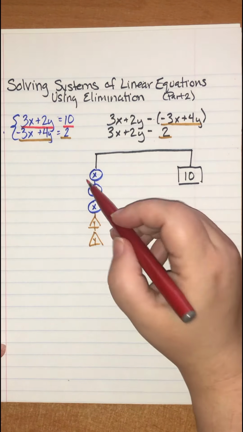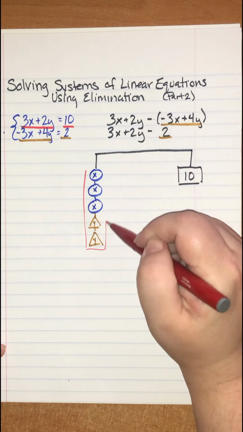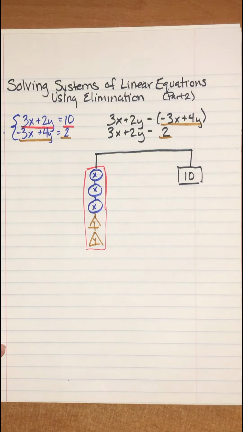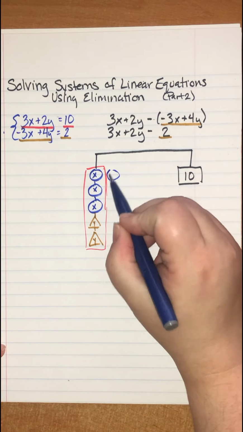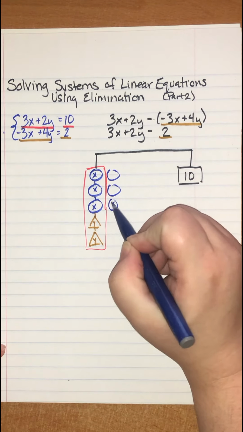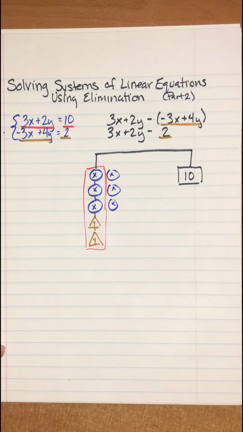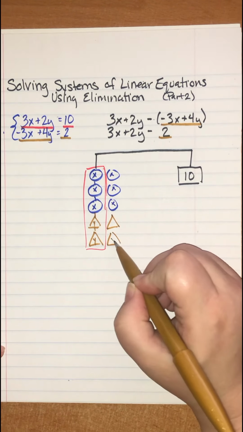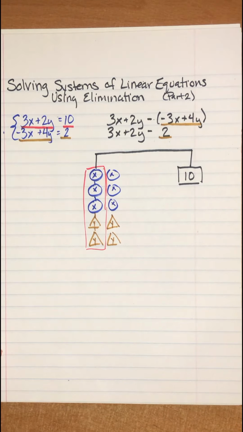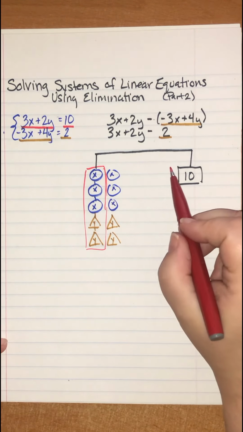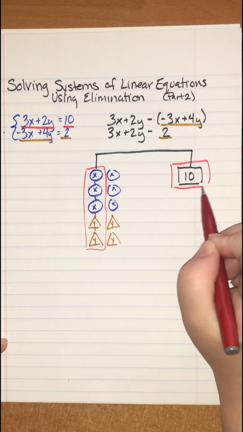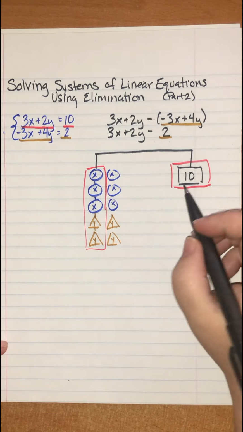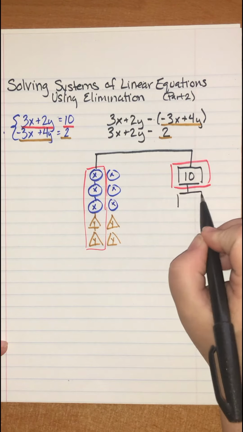Now, if I were to take this here and double it, so I have these 3 blue circles, these 3 x's, and then I'm doubling my 2 yellow triangles, my 2 y's, then I also have to double what those 3 x's and 2 y's are equivalent to.